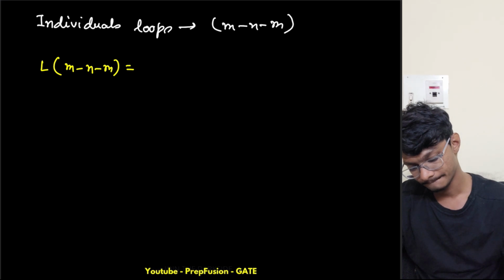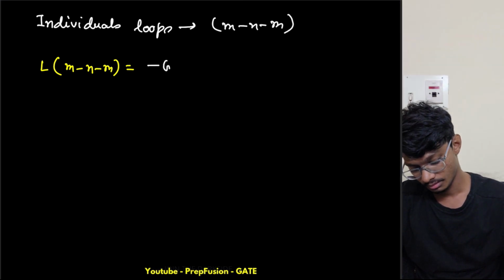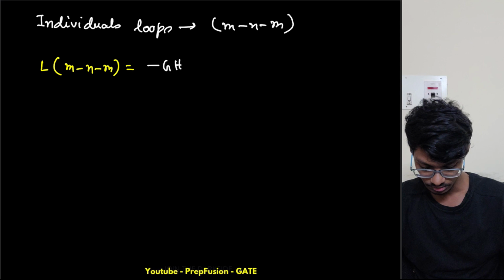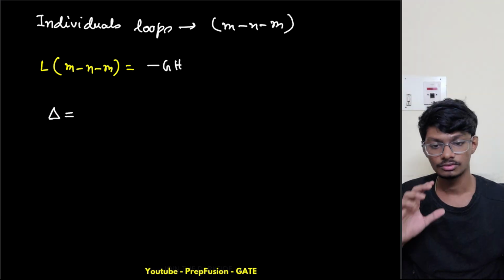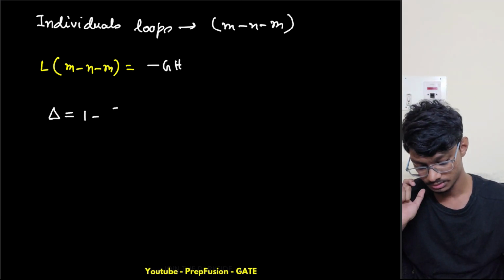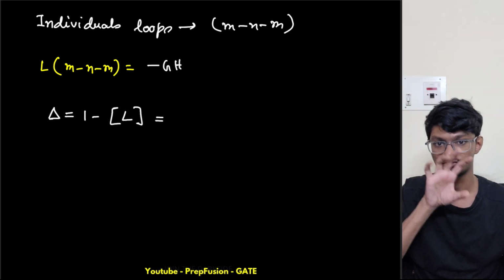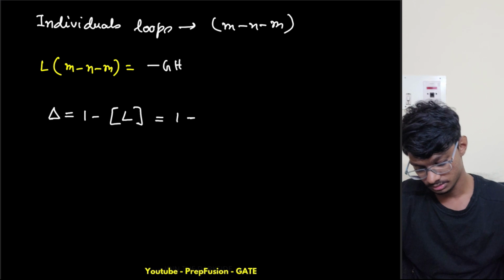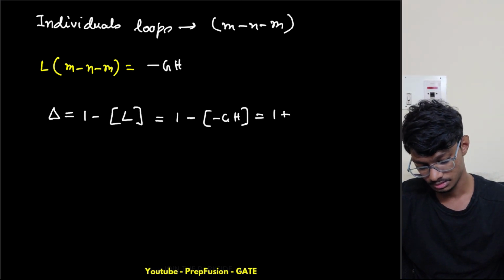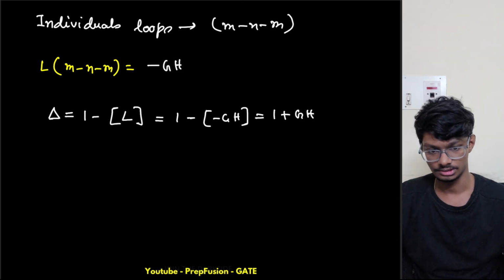Minus GH, right? What will be our delta? So delta will be 1 minus the loop gain. So it's the first term only. So 1 minus minus GH, which is 1 plus GH.